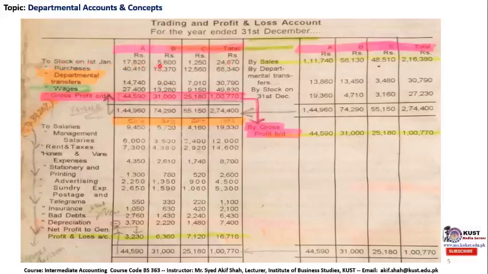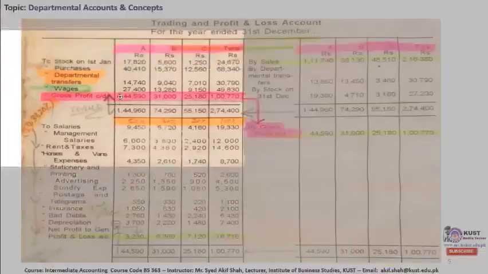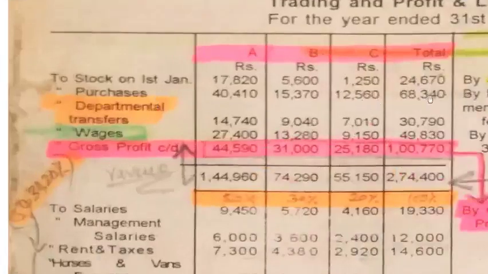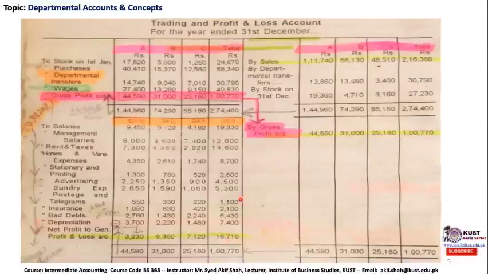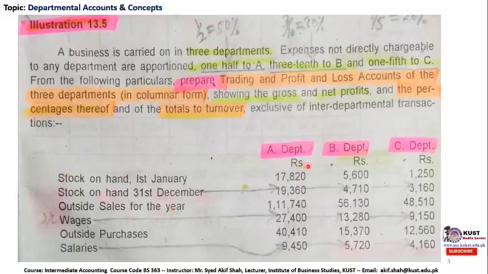It was 17,000 for Department A, 5,000 for Department B, and then 1,250 for Department C. If we sum up all the stock pertaining to each department, we have the complete stock on hand, 24,640. This data has been taken from the initial data given in the question.